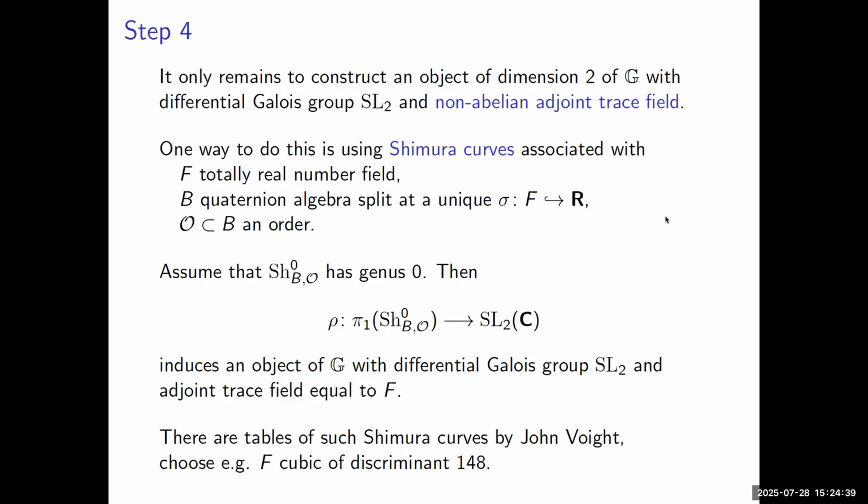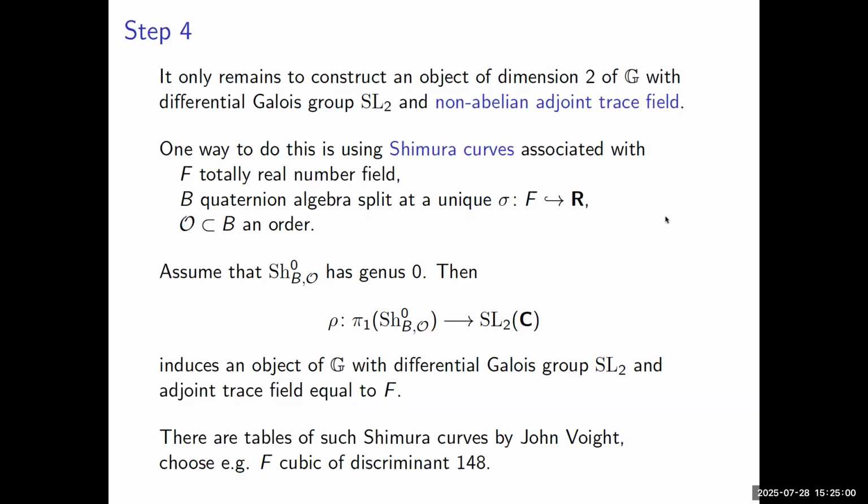There are various ways to think about this. You can think in terms of the uniformization of the Shimura curve, or in terms of the modular interpretation as families of algebraic abelian varieties with an action of F. And we want differential equations, so we are going to assume that this has genus 0.